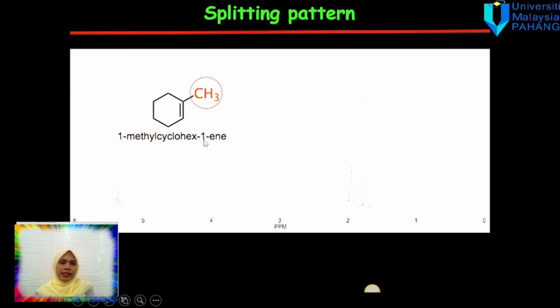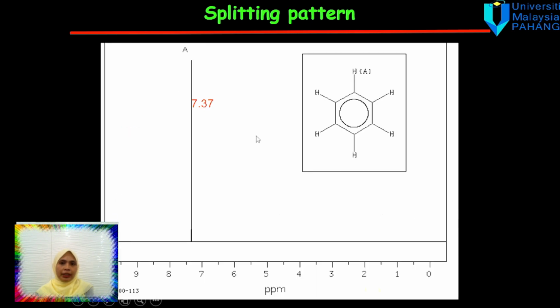In cyclohexane, this CH3 is more upfield because this hydrogen is not directly attached as in the previous example. It is attached to the carbon, so the chemical shift becomes more upfield, 1.68, compared to the H directly attached to the cyclohexene just now, 5 point something.